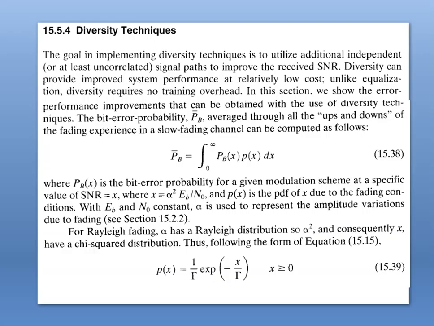The probability of error PB, averaged through all the ups and downs of fading experience in the slow fading channel, can be computed.